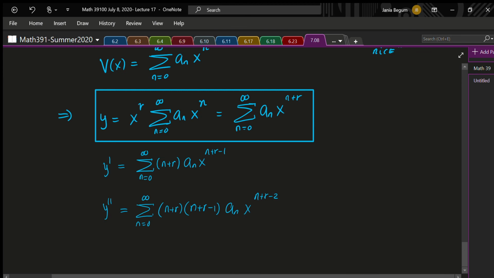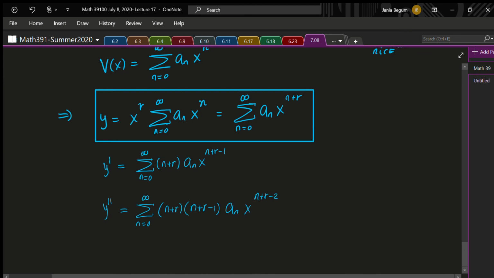Another thing to keep in mind: when you're looking for a series solution near a regular singular point, you will be asked to show that x naught is a regular singular point. And how do we show that? Well, we show that by computing limits, right?